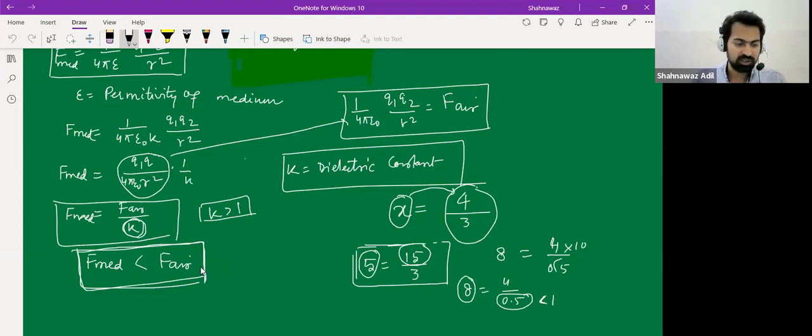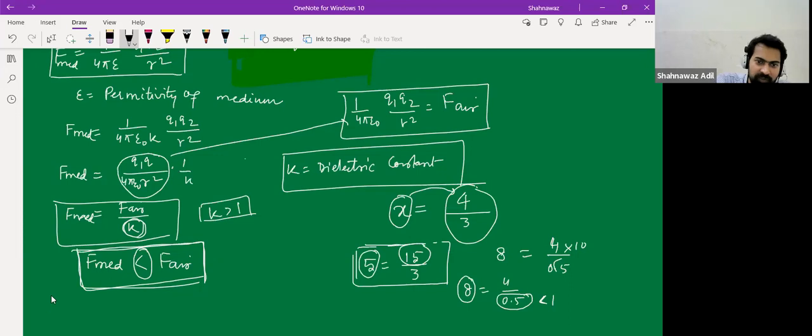So the force will increase or decrease in the medium. What do you find out from these calculations? The Coulomb force will decrease or increase in the medium? You see, this is less than the air, so this will decrease, because it got divided by this factor.